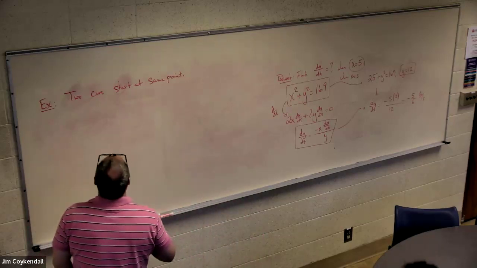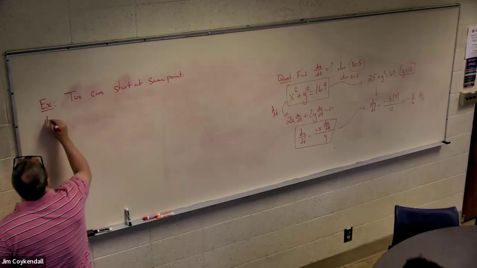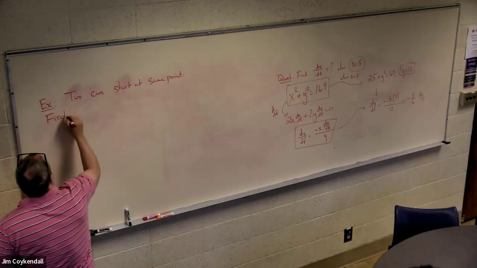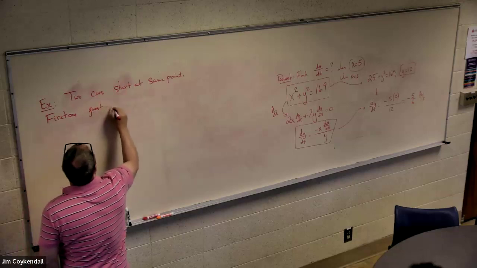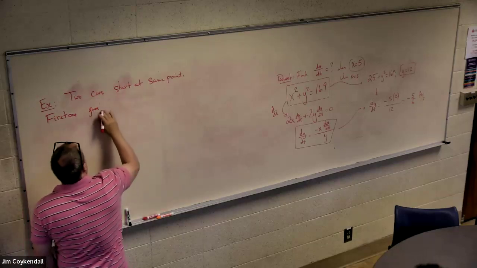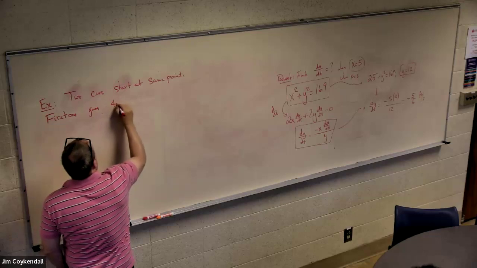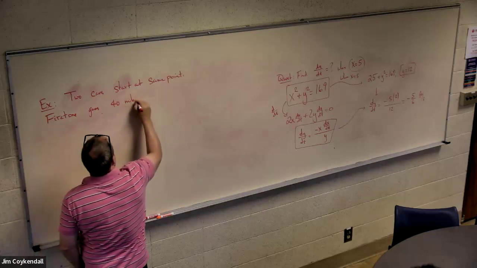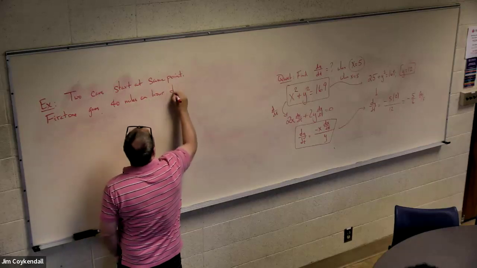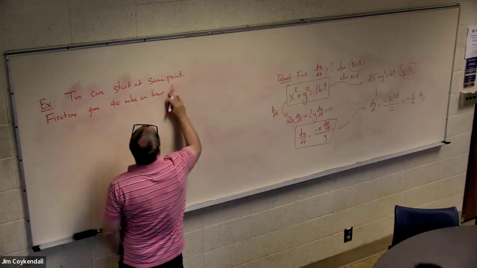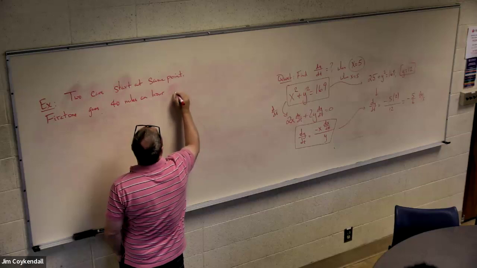Two cars start the same point. The first one goes 40 miles an hour exactly northeast.